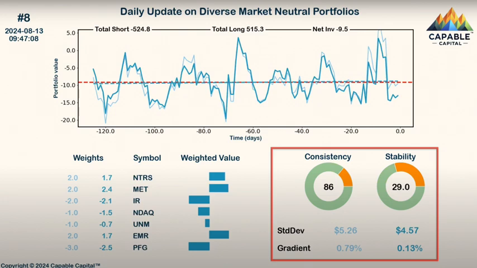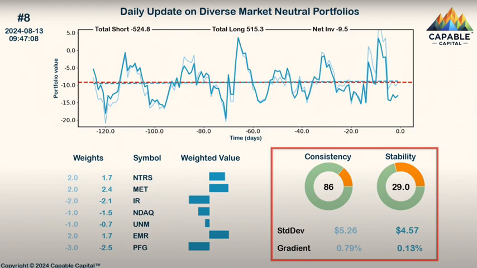We typically look for positive, but overall not too large gradients, and we look for a large standard deviation. A large standard deviation indicates that the portfolio is fluctuating strongly around a mean value, which could lead to larger potential profits. The gradient and standard deviation values in dark blue correspond to the exact weights, and the values in light blue correspond to the integer weights.